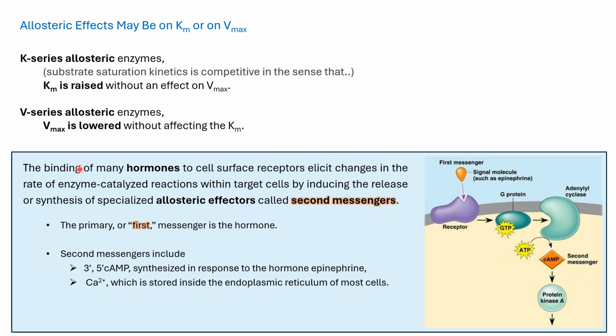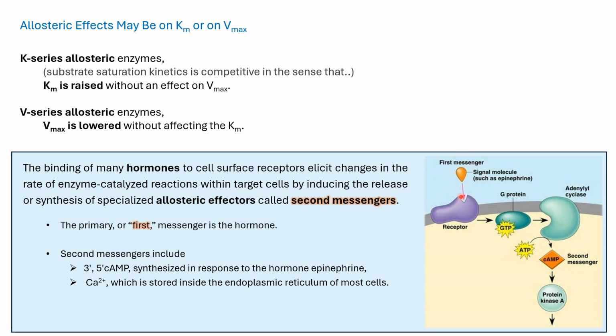Now, the next section in Harper's Biochemistry, which is the basis for these slides, considers another class of allosteric effectors, which are called second messengers. Second messengers are a common secondary response to, for example, the binding of cytokines or hormones. So consider the hormone epinephrine that used to be called adrenaline.